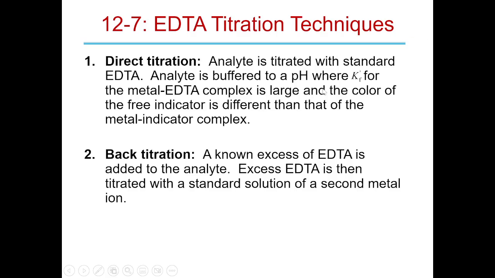So you'll want to buffer the pH where K prime F for that metal EDTA complex is large, because you want EDTA to bind it very well, and you want to be able to use most of your EDTA. You don't want to have to put in 1,000 milliliters for every effective milliliter. Can you imagine how bad that titration would be?